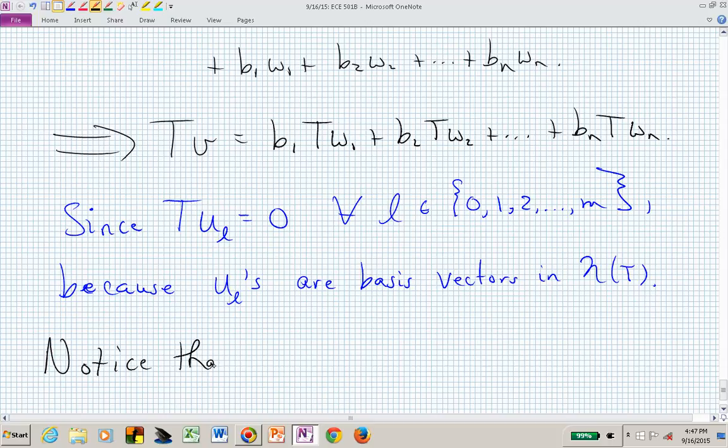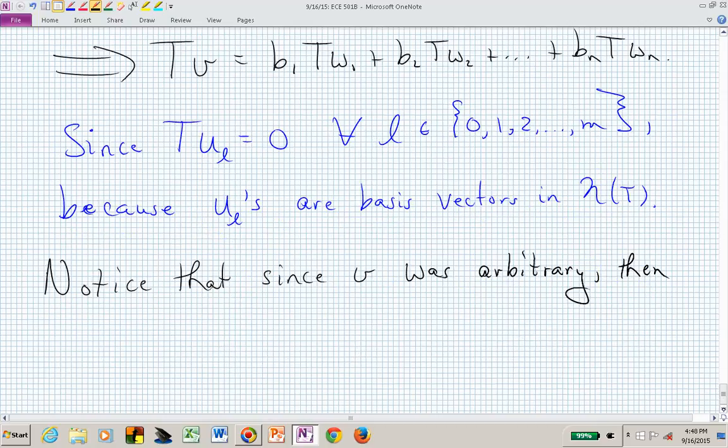Notice that since v was arbitrary, then we can really make two observations.